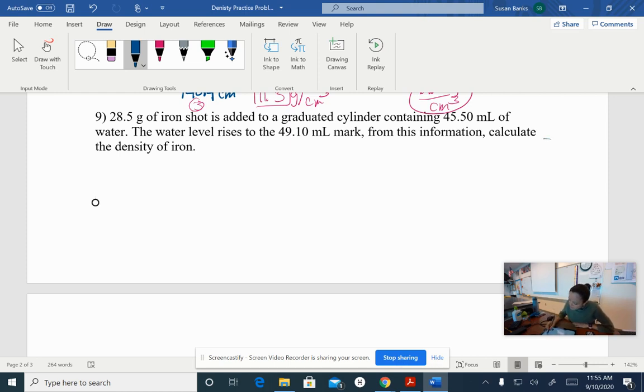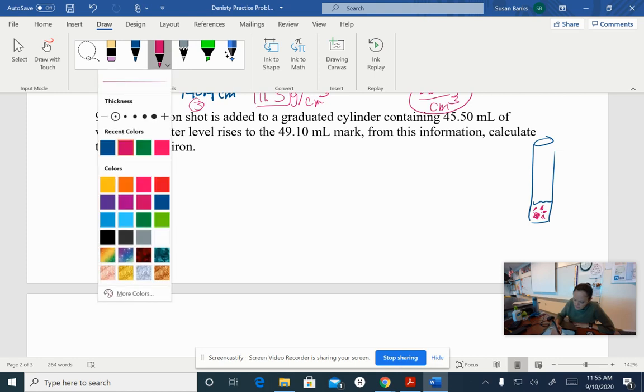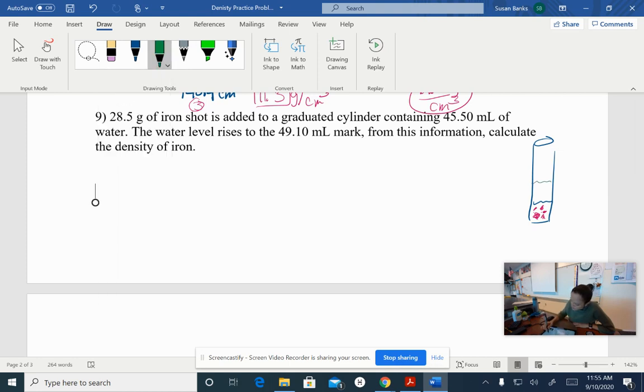So what we're going to be doing is we're going to have that graduated cylinder. It's going to be filled to some water. We're going to introduce some odd-shaped things in there, like some metal shot, or maybe some marbles or something like that. And that is going to cause the level of the water to rise when we introduce those foreign objects. So we have our initial reading of our water and we have our final reading of our water.